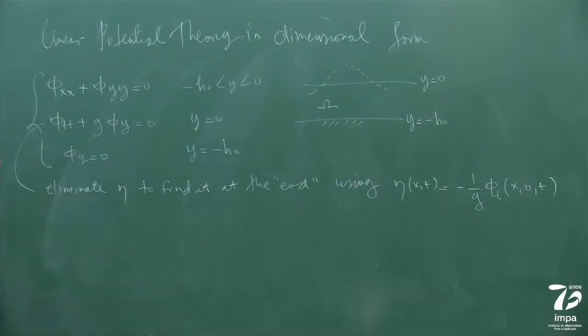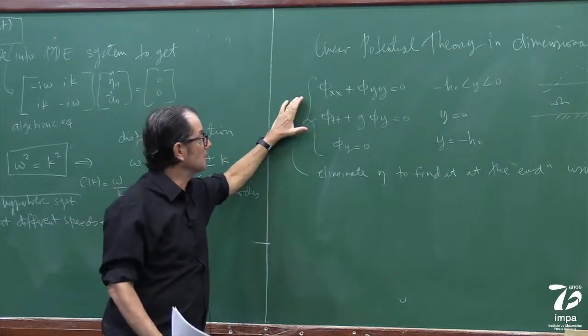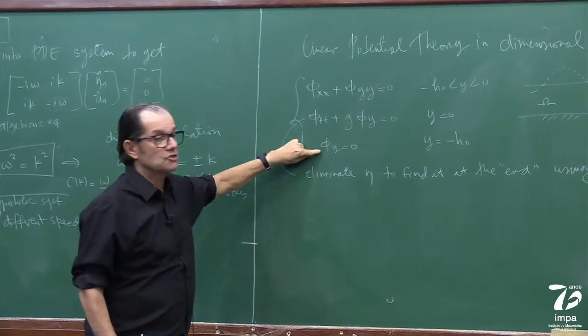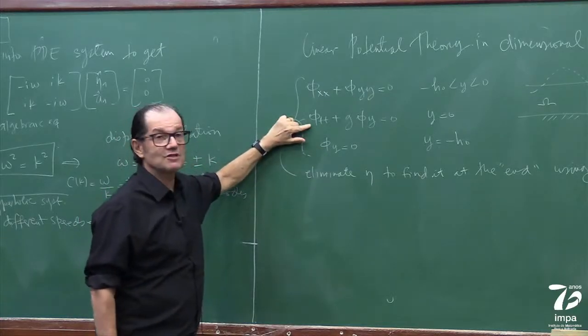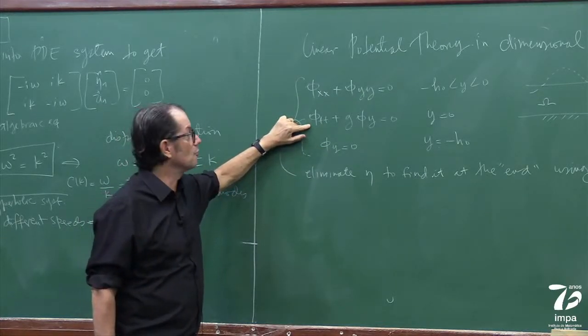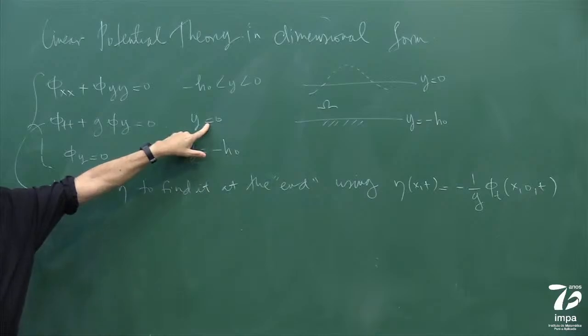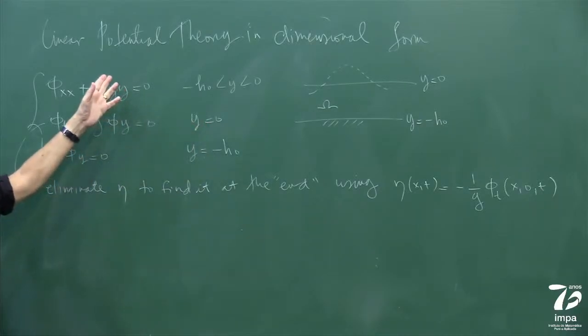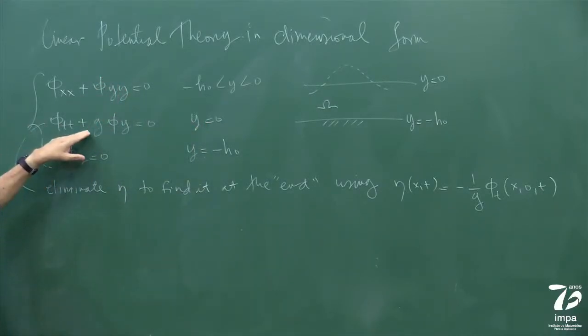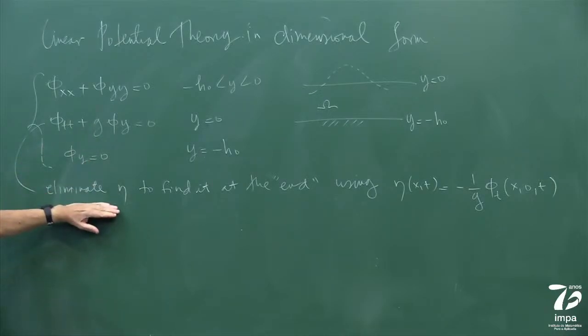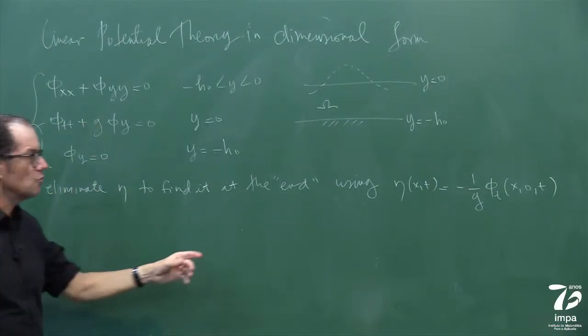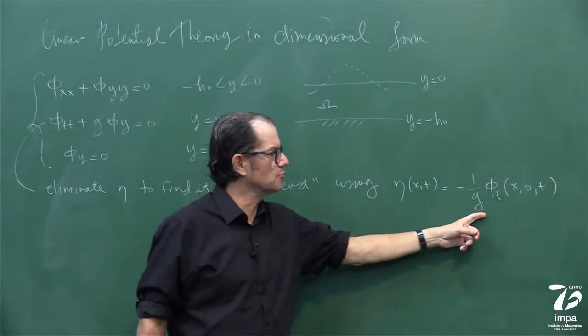Okay, that's very easy to check. So this is the linearized potential theory problem, the one we started the class with, which is very complicated. Okay, Neumann condition at the bottom. The free surface condition becomes simpler and can be applied at the undisturbed level. Laplace stays Laplace, and we can eliminate eta, and at the end, if you solve for phi, you have the wave elevation by just computing this.